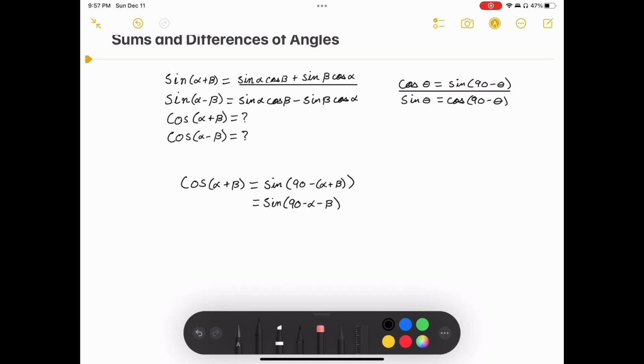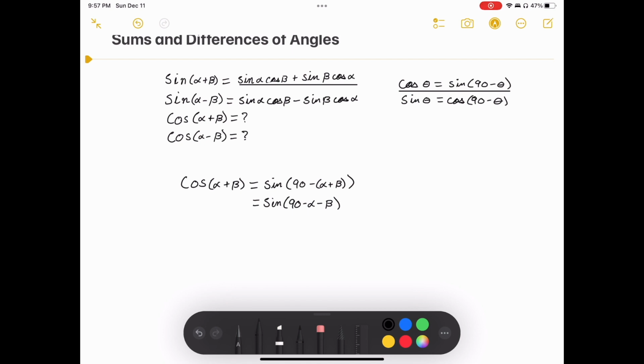Now, this should already look familiar. This looks more similar to the identities we already have, and we can simplify this even further to sine of 90 minus alpha minus beta, just distributing into the brackets.